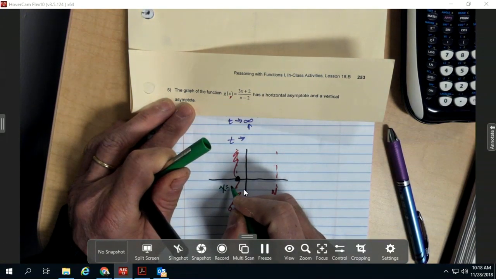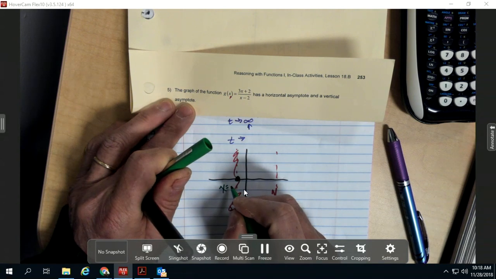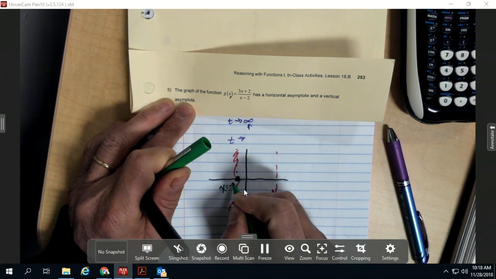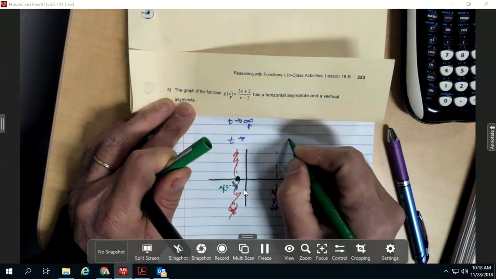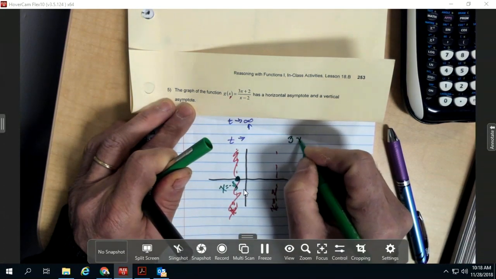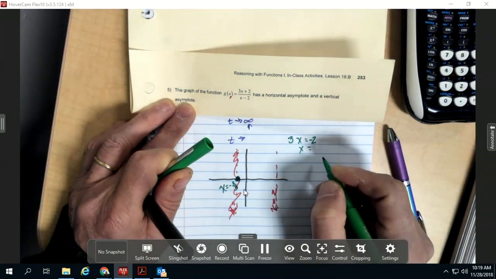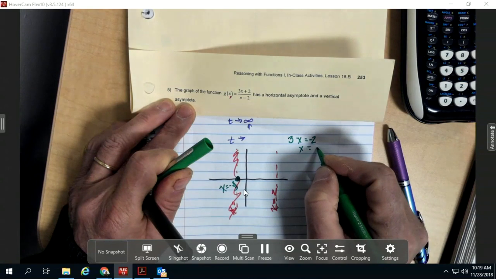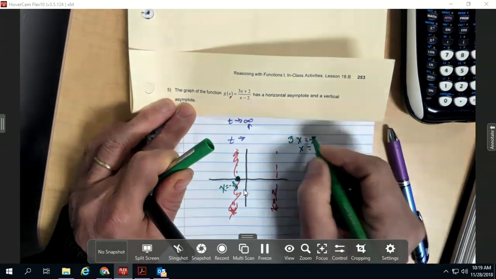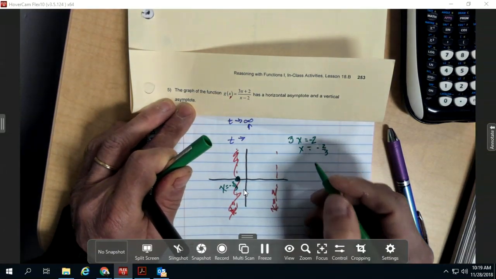X equals negative 2/3. Because if you take 3x plus 2 equals 0, x equals negative 2/3. I got it from the numerator, right?